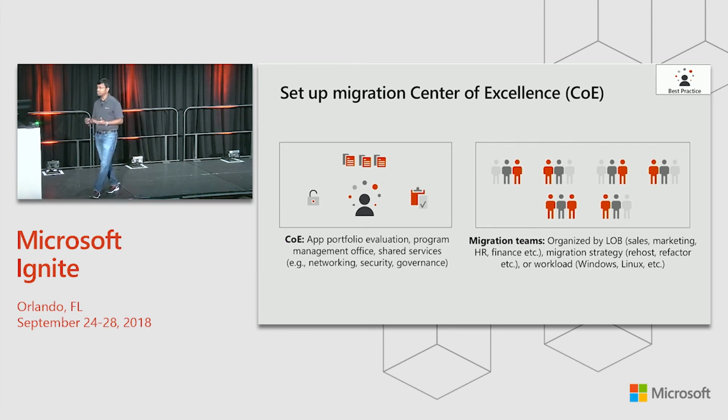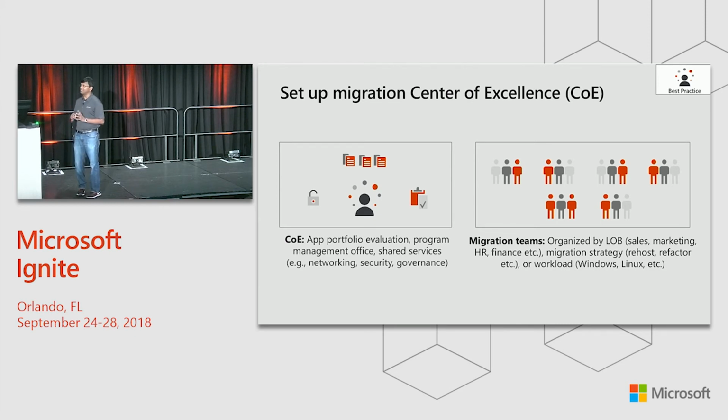On the right is migration teams. Now you can organize them by technology, be it Windows or Linux type migration teams, or they could be organized for each business unit, which might have a mix of applications, right? You might have a sales-focused migration team or a marketing-focused migration team and so on.